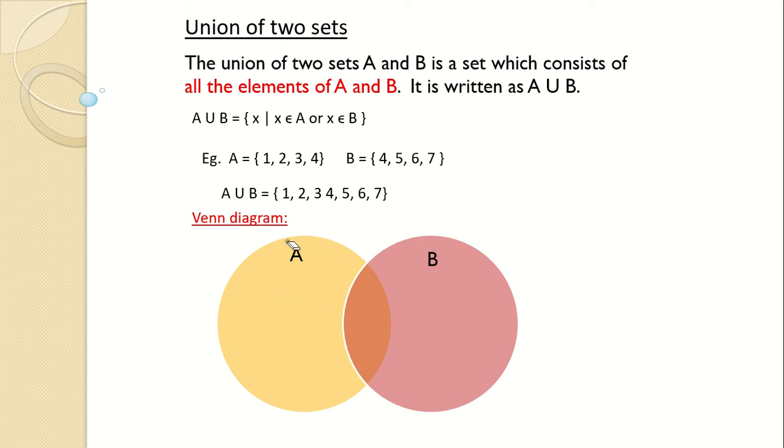So union will have this entire set A, this entire set B, and also this intersection part. This entirely is A union B.